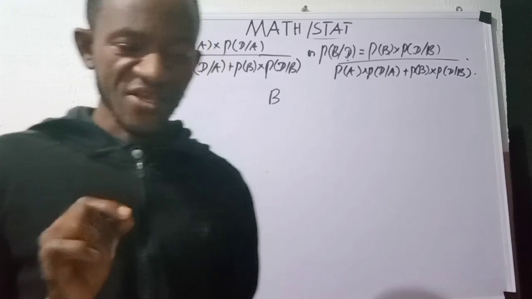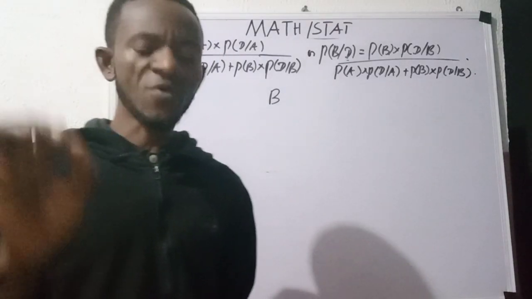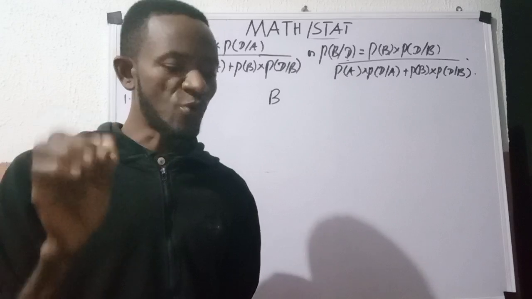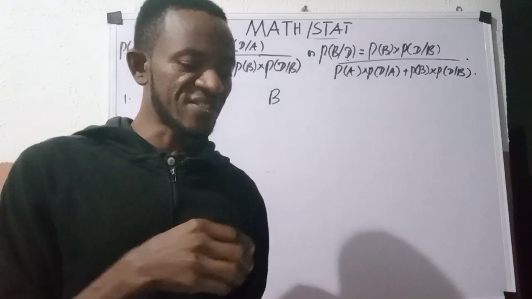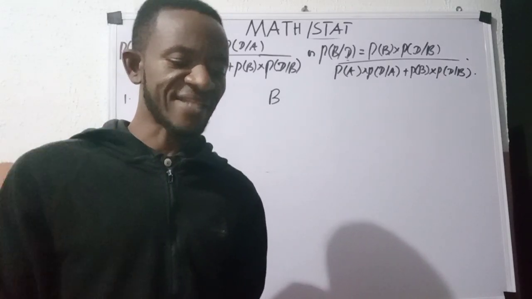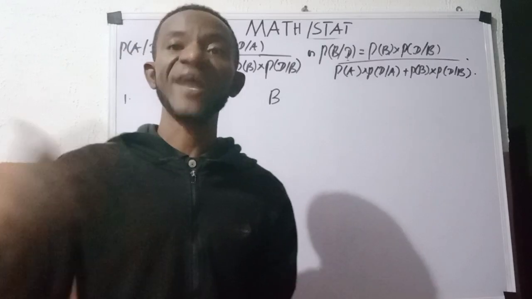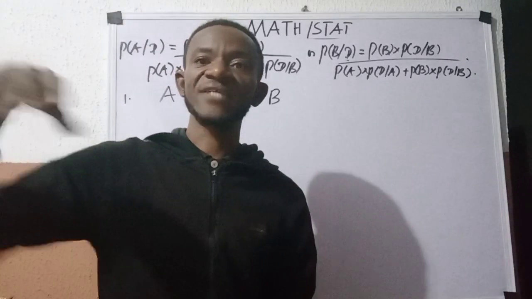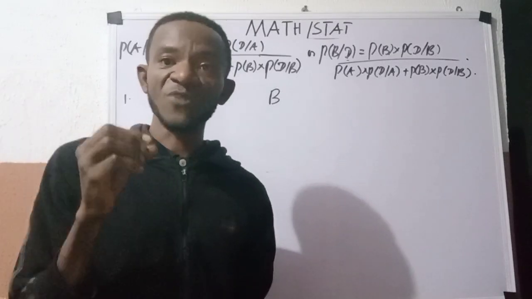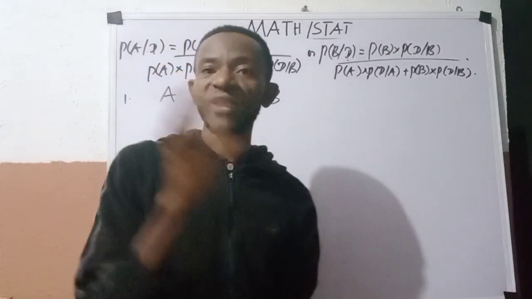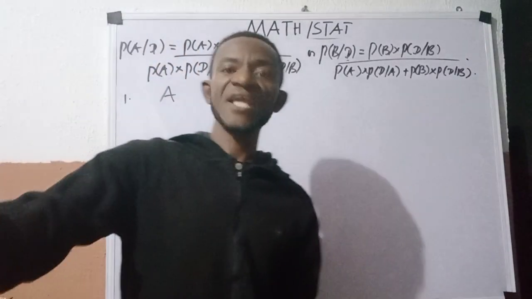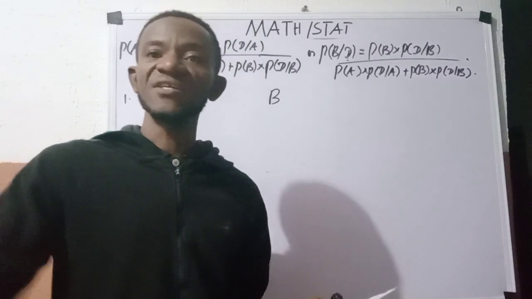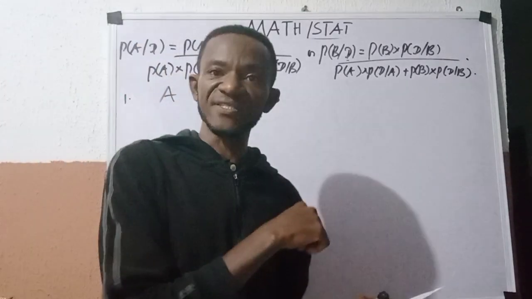Plant A produces 40% and plant B produces 60% of certain items produced by the factory. So in this particular factory, there are two plants, A and B. Both of them are producing a particular commodity. But plant A is producing 40%, while plant B is producing 60%.